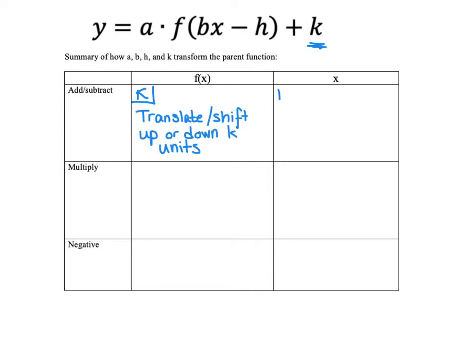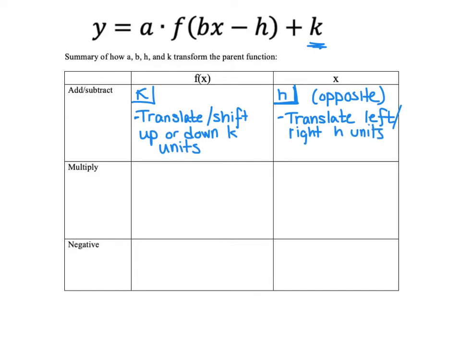Now, if you're adding or subtracting onto your x value, well, it's h that controls that. And h always kind of works opposite of what you think. Since it's being added onto your x value, it's going to translate left or right h units.